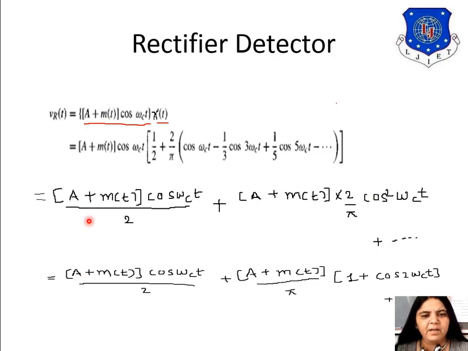Now 1 plus (A plus m(t)) cos omega t by 2 plus, if we take this (A plus m(t)) upon pi, what is 2 cos square omega c t? It is 1 plus cos 2 omega c t. Now again we will take this inside the bracket.